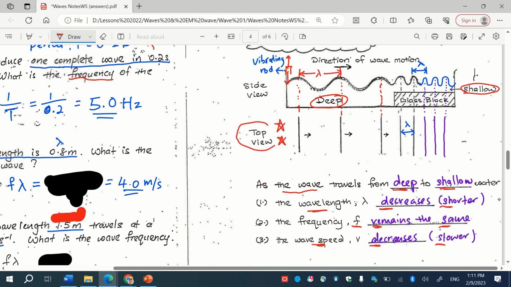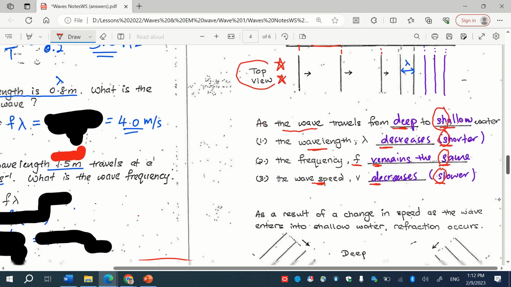Shallow starts with the letter S. Wavelength becomes shorter, also starts with S. Frequency remains the same, starts with S. Wave speed becomes slower, starts with S. For the shallow region, everything has to do with S: shorter, slower, same frequency. So that's what you have to know.